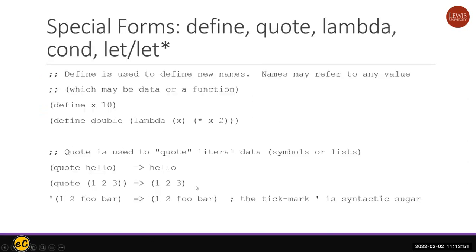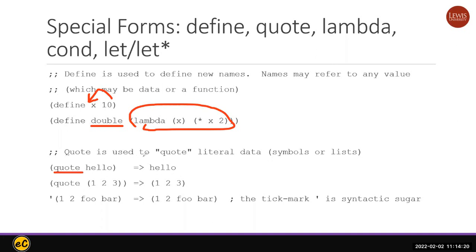This is evaluation. And then here we have define x 10. So define assigns x the value 10. Then we have define double, and double is a lambda. So here, define lambda. This can also be considered a function definition. So we can quote hello, and you will get hello. You can quote.